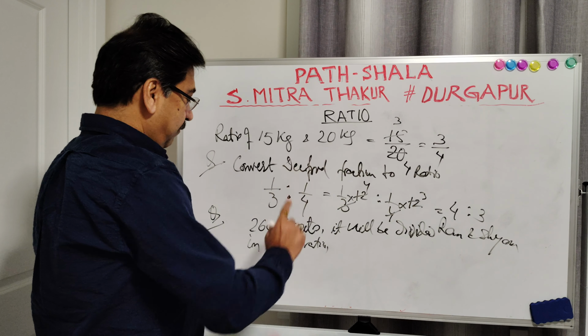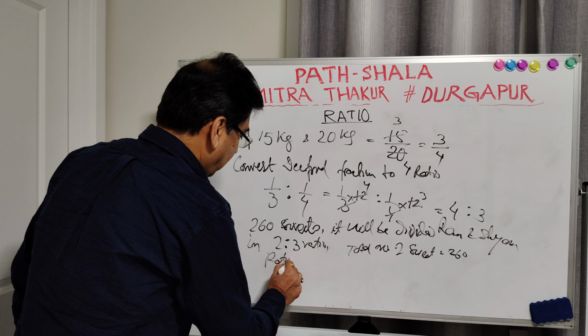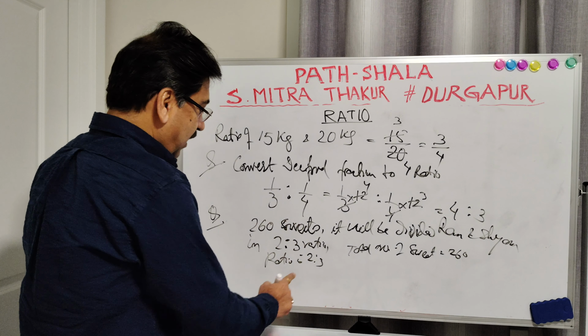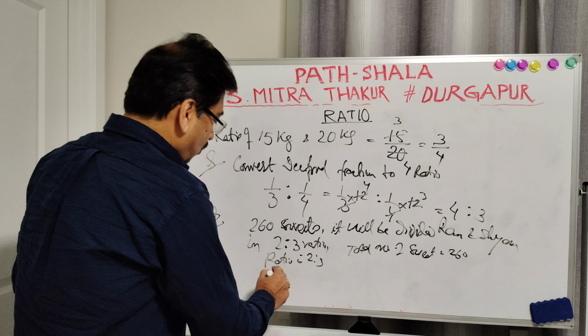The total number of sweets is equal to 260 and the ratio is 2:3. Ram is 2 and Sam is 3. The total ratio is equal to 2 plus 3, which is 5. What is the portion of Ram?